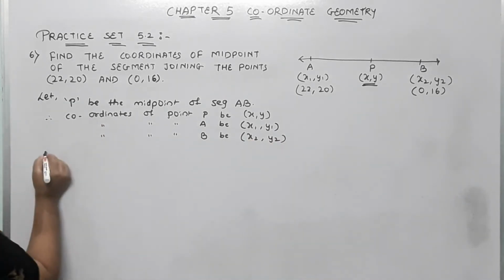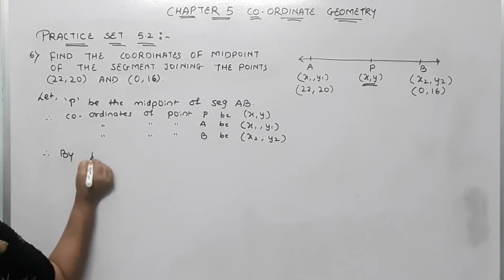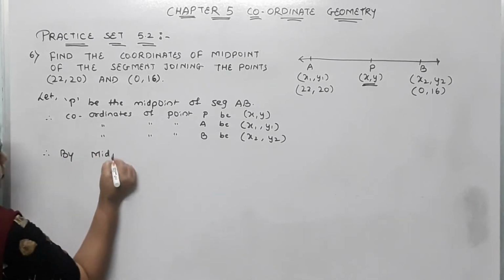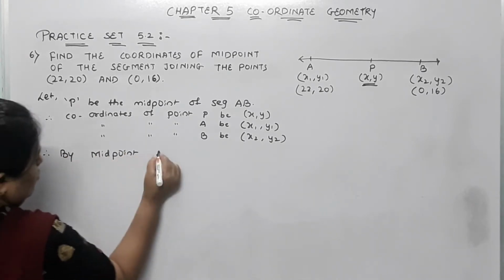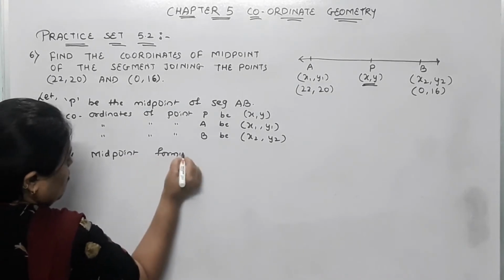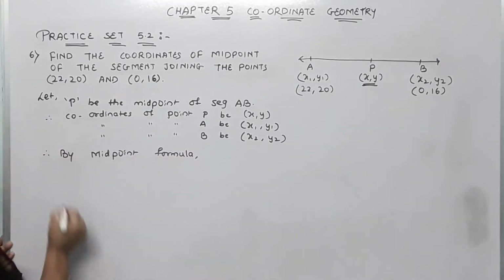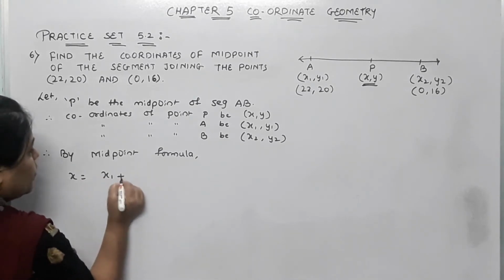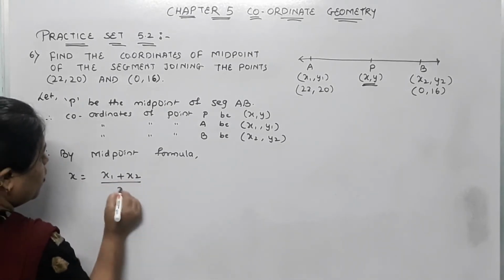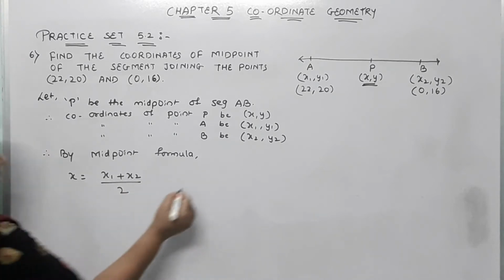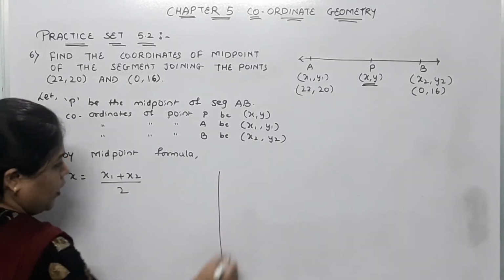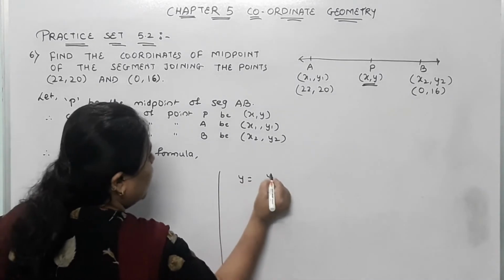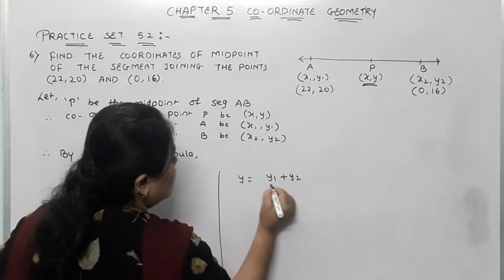Okay. Therefore, by midpoint formula, what is our midpoint formula? X equals to x1 plus x2 upon 2 for x, and for y it is y1 plus y2 upon 2.